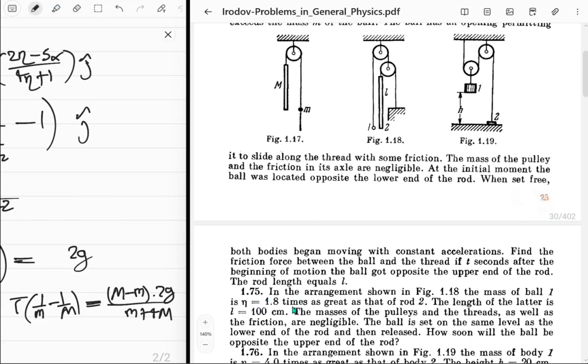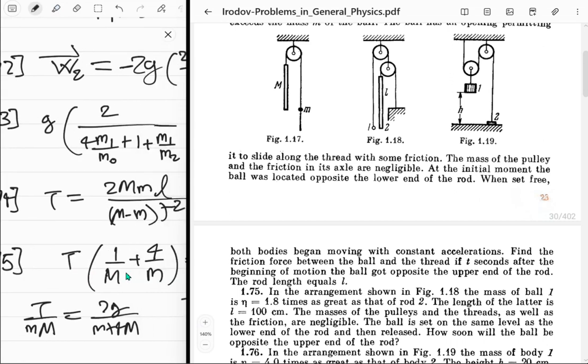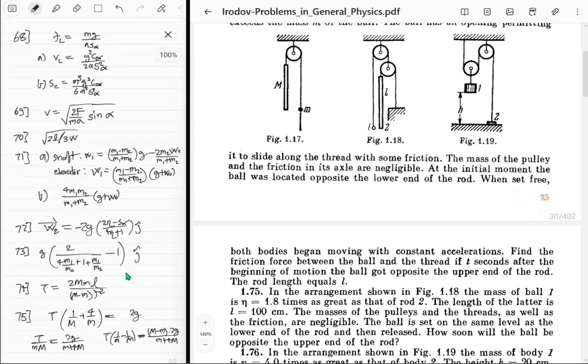Yeah, so the mass of the ball 1 is this much times as great as rod 2. Oh no, this is wrong. This is just wrong. This is not what we want.